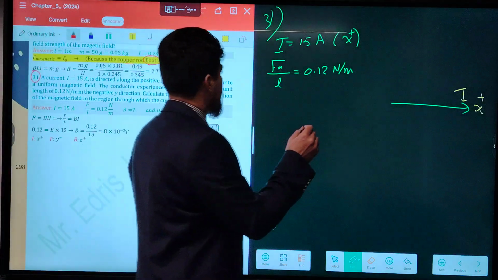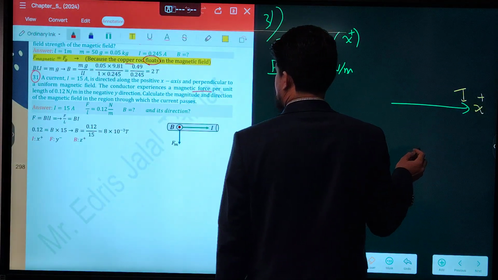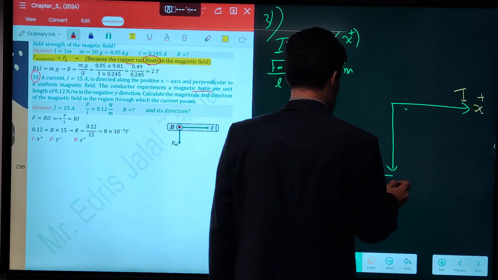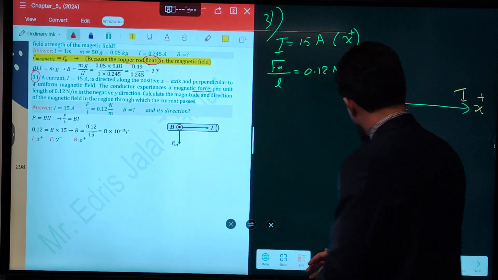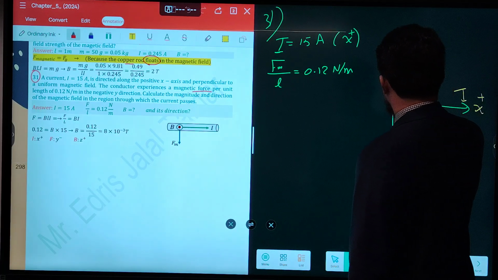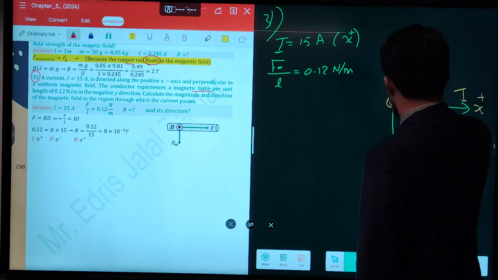This magnetic force is directed in the negative y direction. If the force is negative y and the current is on positive x, the direction of the magnetic field is out of the page. The direction of the magnetic field B is Z positive.